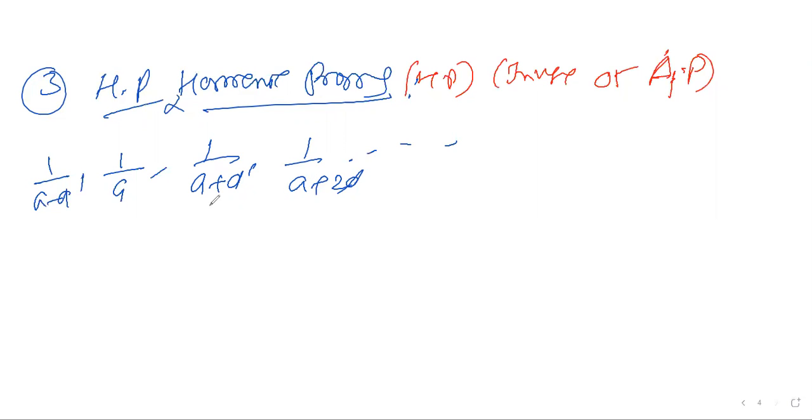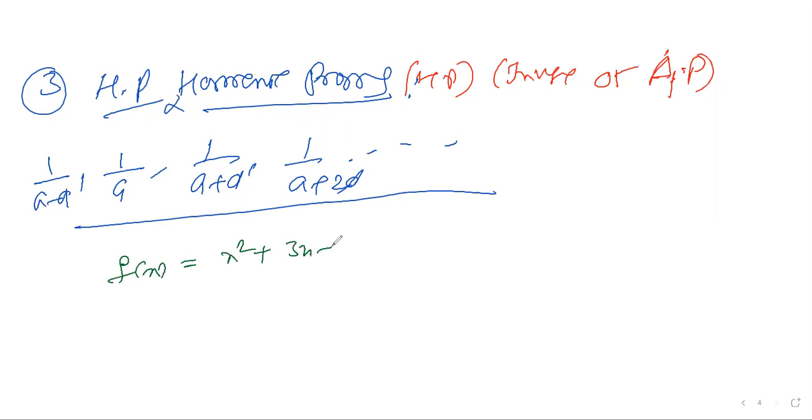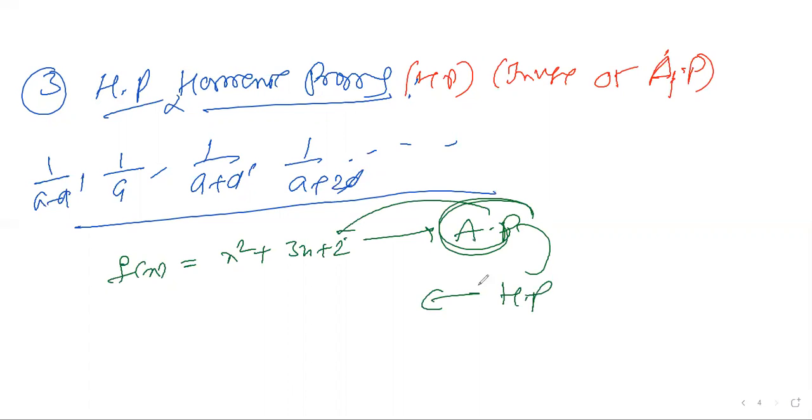Some equations are in terms of AP. I'll give you one clue on how you can apply it in exams. Suppose f of x is x square plus 3x plus 2, and f of x is in AP. If you want to convert f of x from AP to HP, you have to do something simple: replace x by 1 by x. f of x is replaced by f of 1 by x.